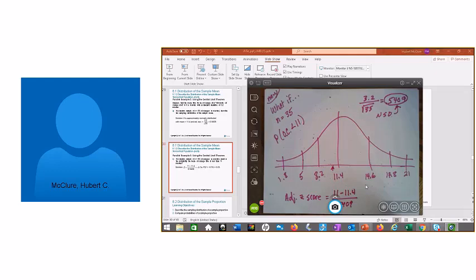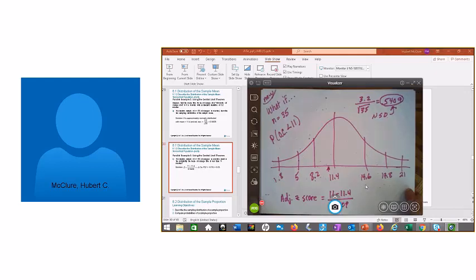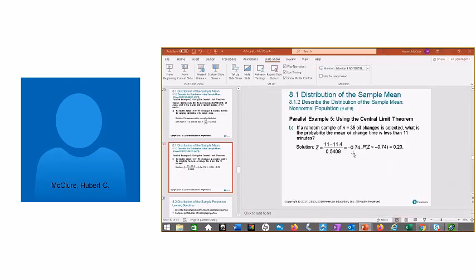In chapter 6 and 7, you would have used 3.2 right here. So that's the difference between what we're doing here. And that comes out to be negative 0.74.